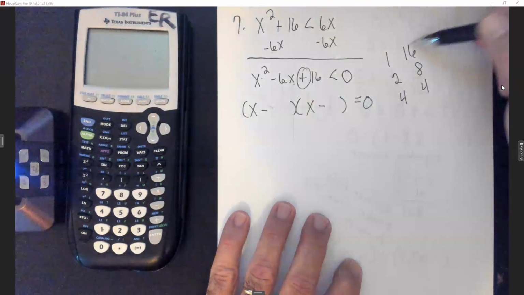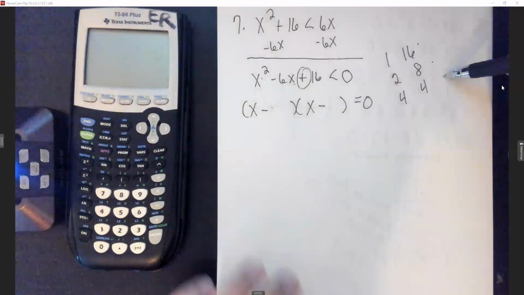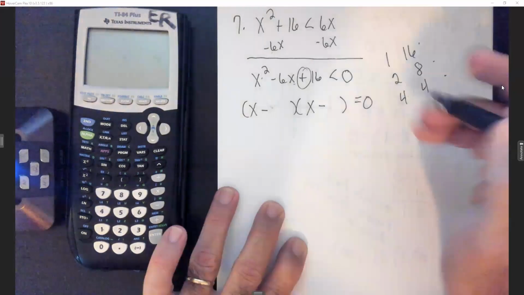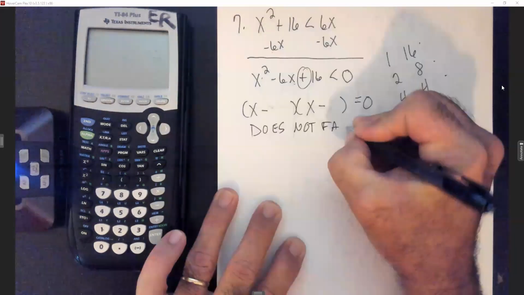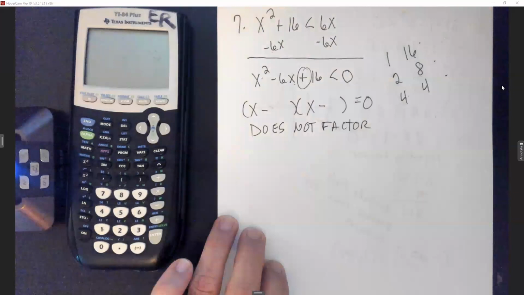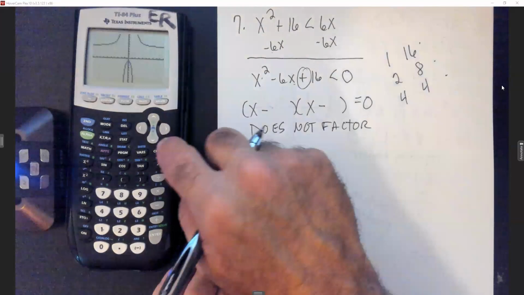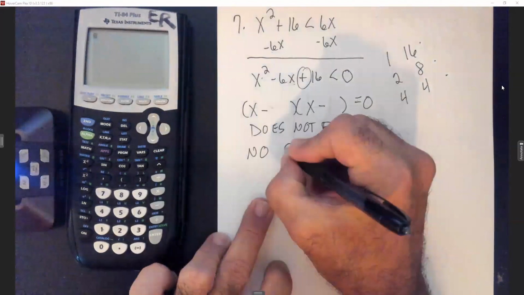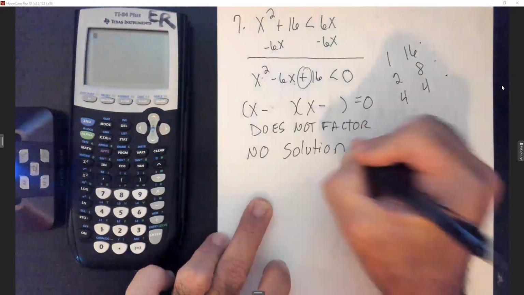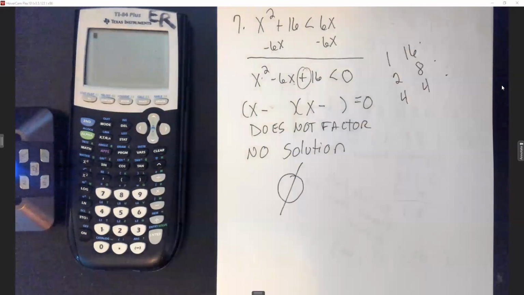These add to get 10. These add to get 8. So you cannot factor this. So this does not factor. And y'all, since that does not factor, this is a no solution, which is a 0 with a line through it.